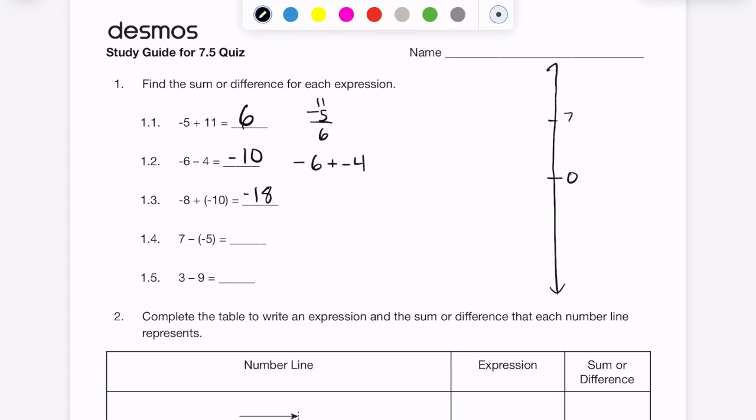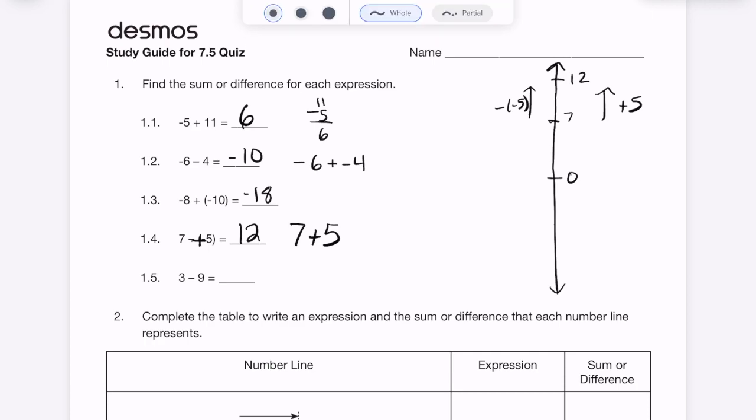And when you remove an anchor, it has the impact of making your ship go up 5. So subtracting a negative 5, that's like we're going up 5 from 7, right? We can rewrite this as 7 plus 5. Subtracting a negative 5 turns into addition, and we end up at positive 12.